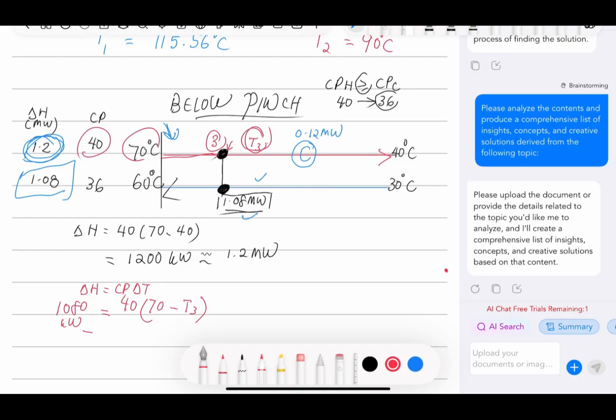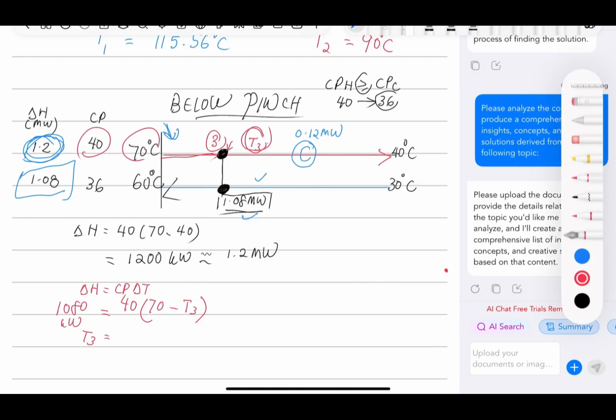So now T3 equals 1080 divided by 40, and then 70 minus 27. You get 43.